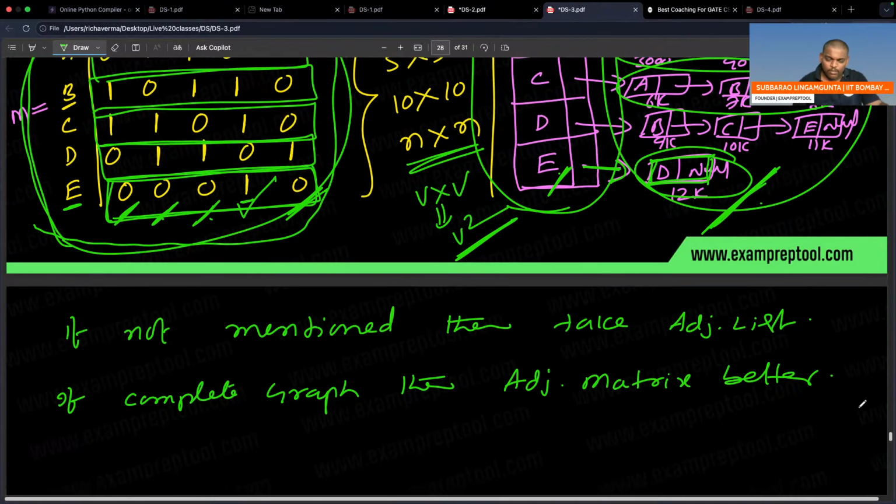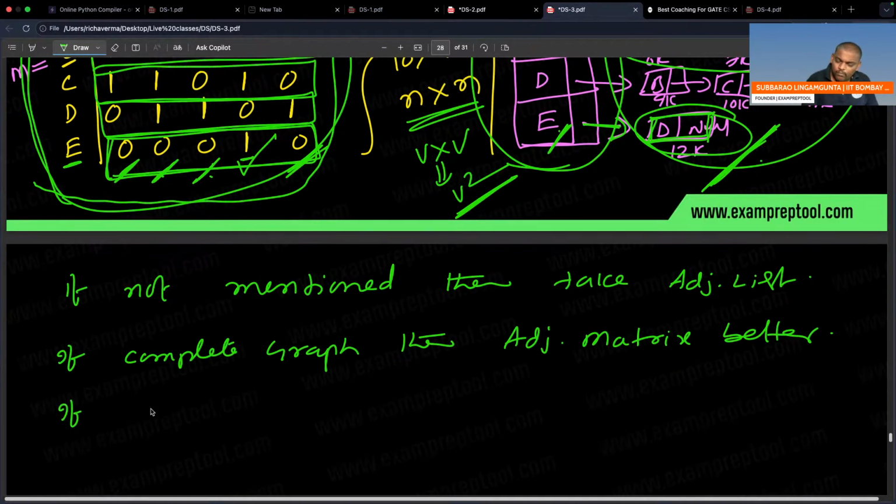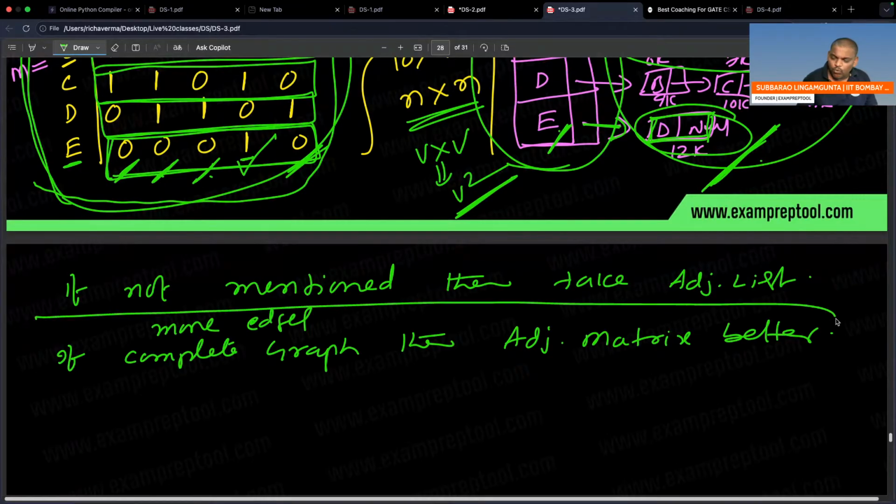Next one, if null graph, more edges. If more edges, go here.